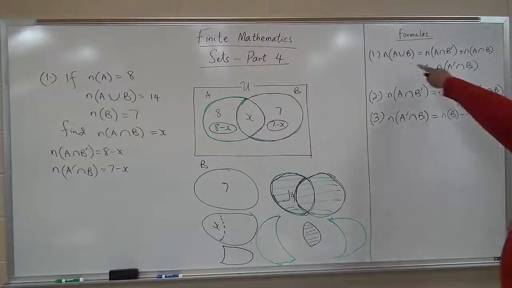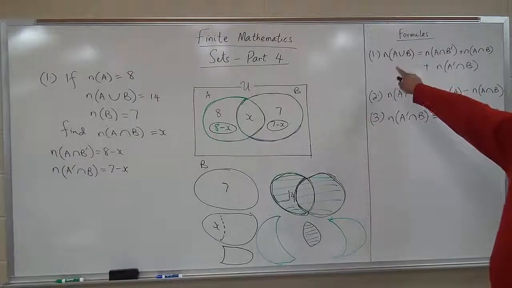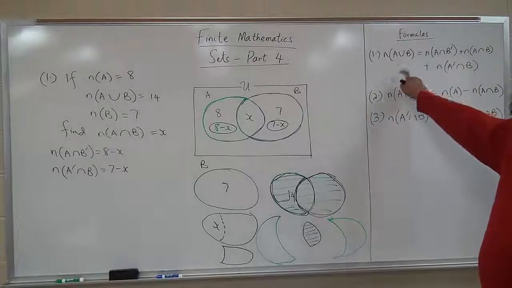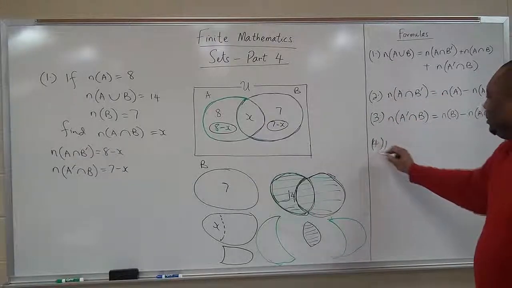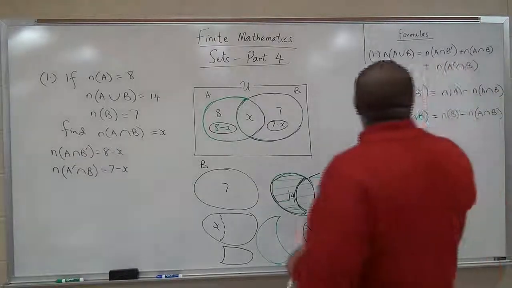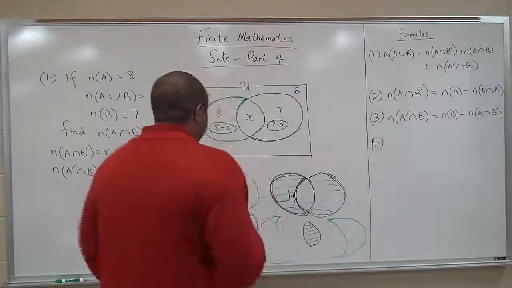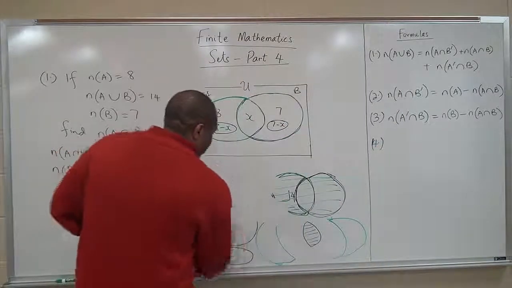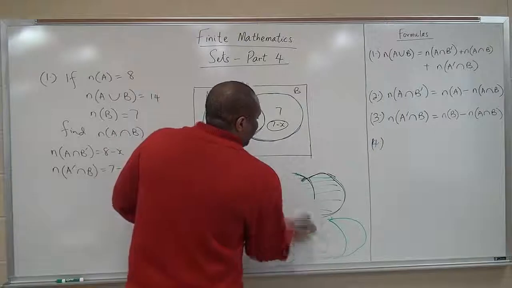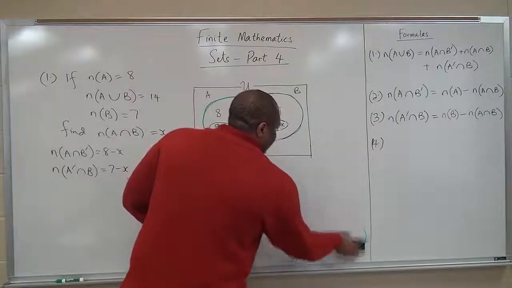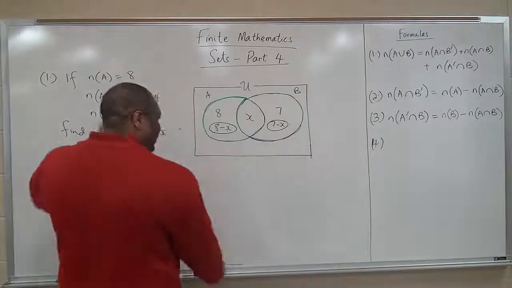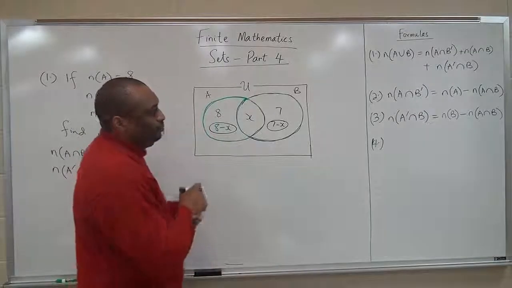So if you now want to rewrite number 1 formula, let me write it as number 4. I'm going to give you as many formulas as you need. So if you don't want to use Venn diagram, that's up to you.